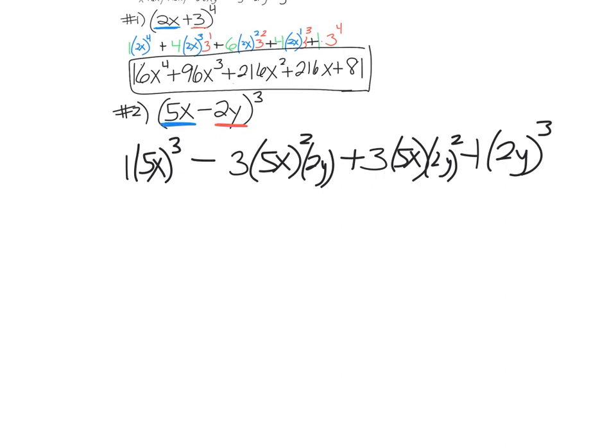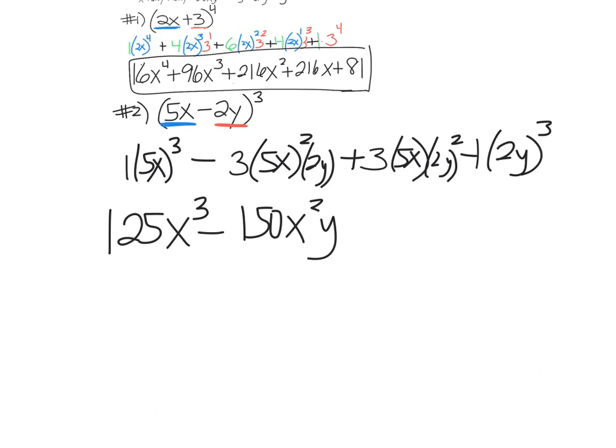So that would give me what? 125x cubed. Yes? Minus 3 times 5 squared times 2. 25 times 2, you probably do that in your head, right? 150. This time x is squared and y is to the first power.